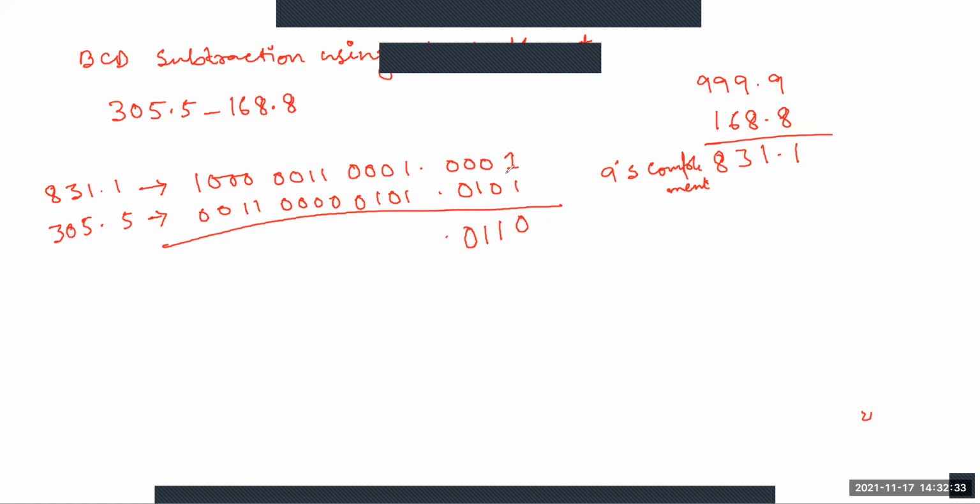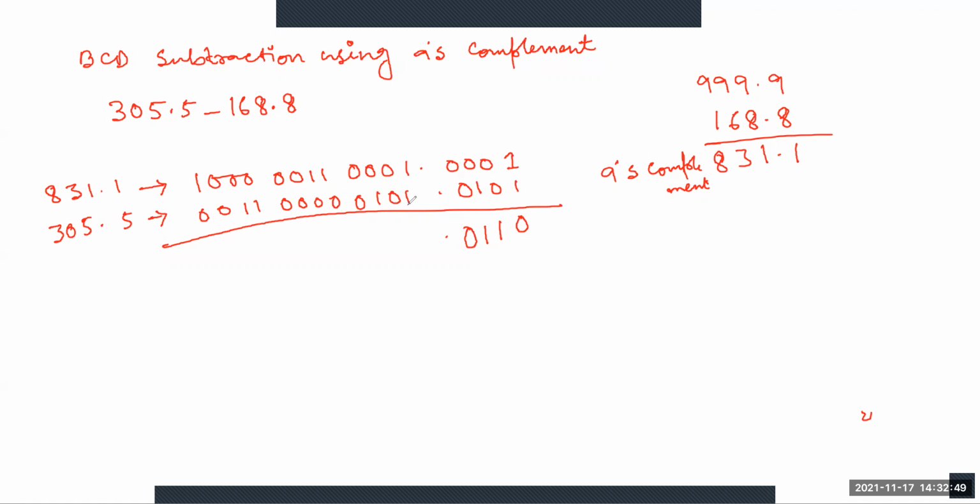You can also check that here it is 1 and it is 5, so from this we are getting 6. 1 plus 5 is 6. Next is 1 plus 1, 0 carry 1, 0 plus 0 plus carry 1 is 1, 0 plus 1 is 1, and 0 plus 0 is 0.